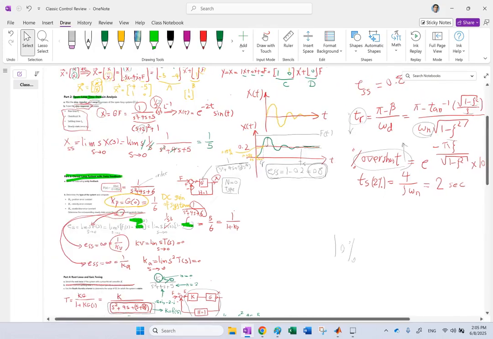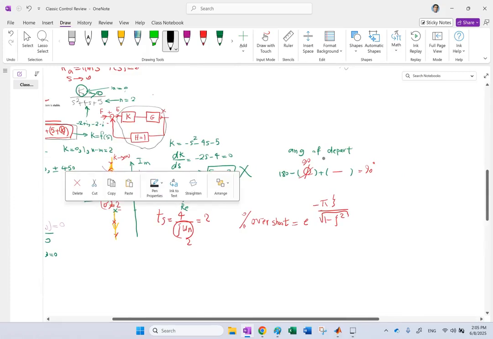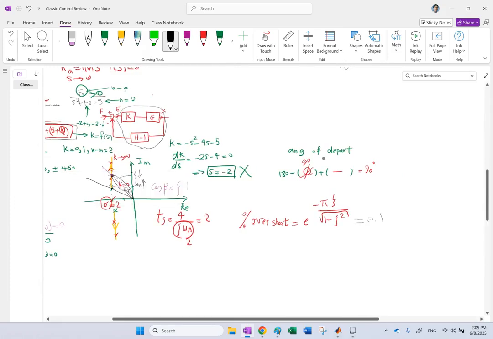So the first thing is I go back to my formula and I say I allow 10% overshoot. So from here, go ahead and determine my zeta. And then I can also determine my omega n and then rise time and everything. So first thing, I take a natural log from both sides, right?